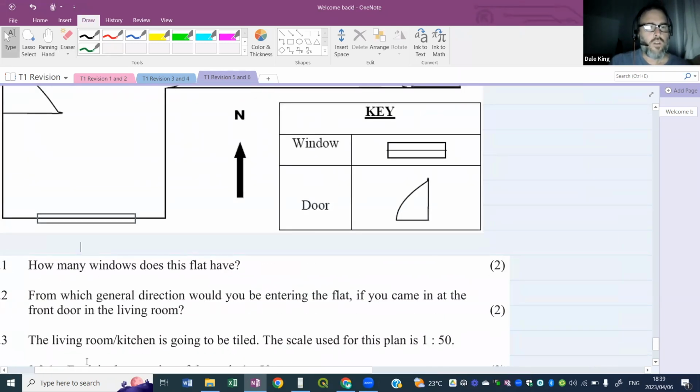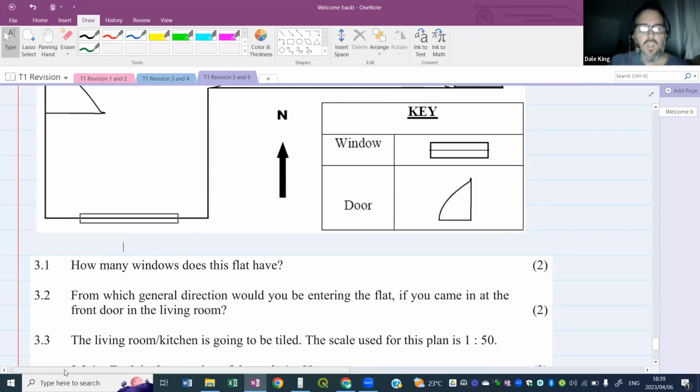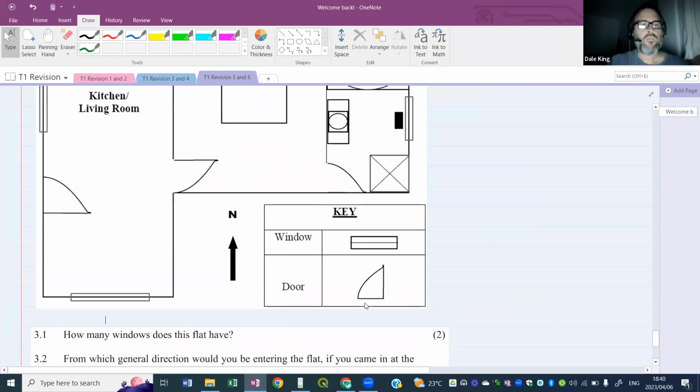It's question 1.3.2. From which general direction would you be entering the flat if you came in at the front door in the living room? There's the living room.